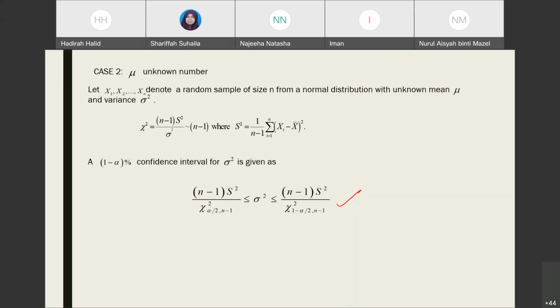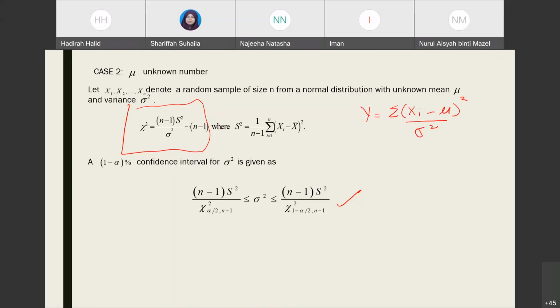So here what we have is this chi-square distribution. You have chi-square equals n minus 1 s squared over sigma squared. Previously we had y equals the summation of xi minus mu squared over sigma squared. But here we have replaced mu with x bar.